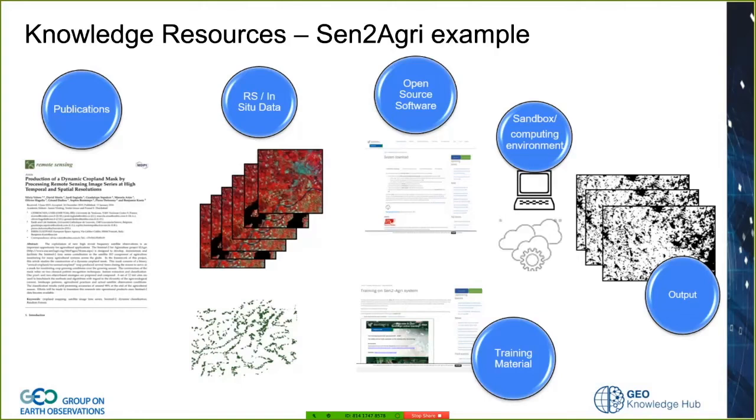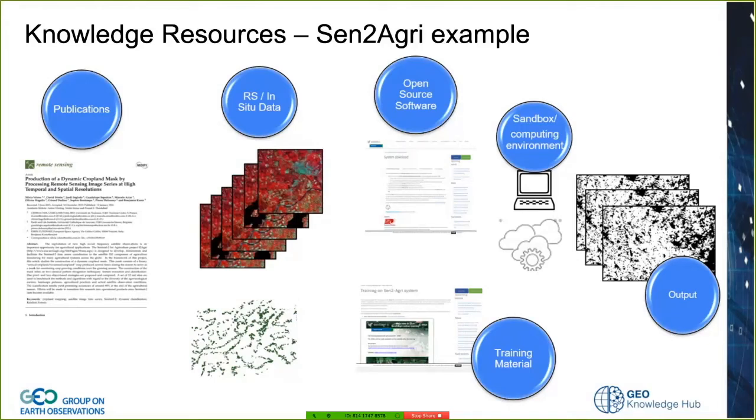We would note that a great deal of open source software has been produced that is applicable in this particular solution, as well as the computing environment in which that source was meant to run. We would find that there are outputs in the form of maps or depictions of the particular analysis that was performed. And then there would be a wealth of training material.